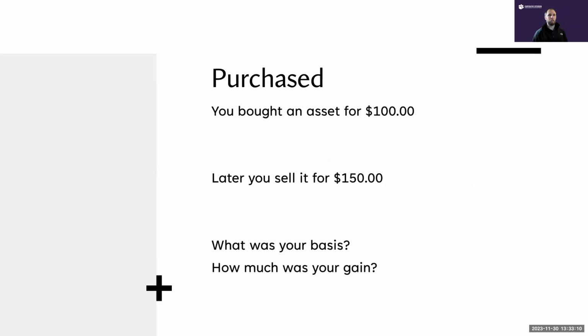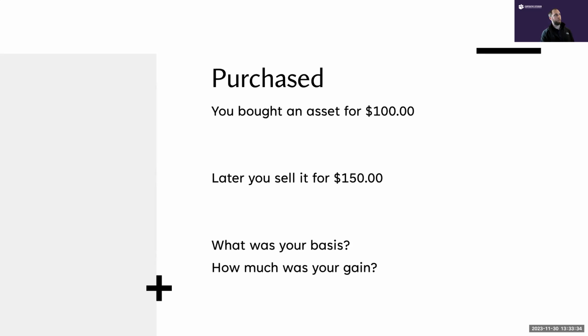To be simple about it, let's say you bought an asset for $100, and sometime in the future, you decide to sell that asset and you sold it for $150. We're going to do these through poll questions. The first one would be, what was your basis?